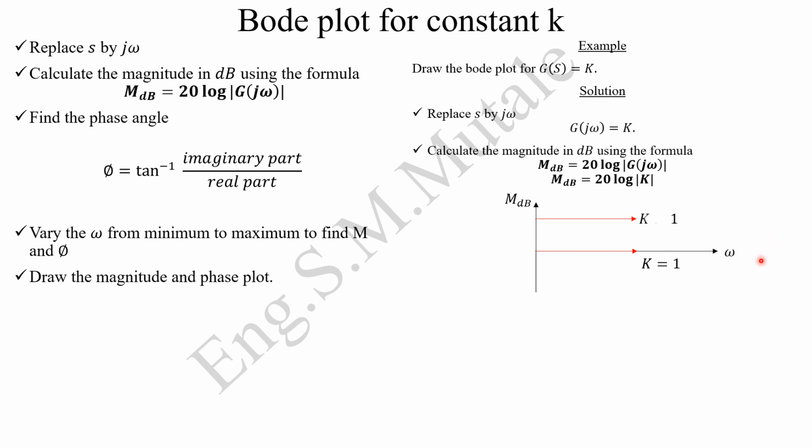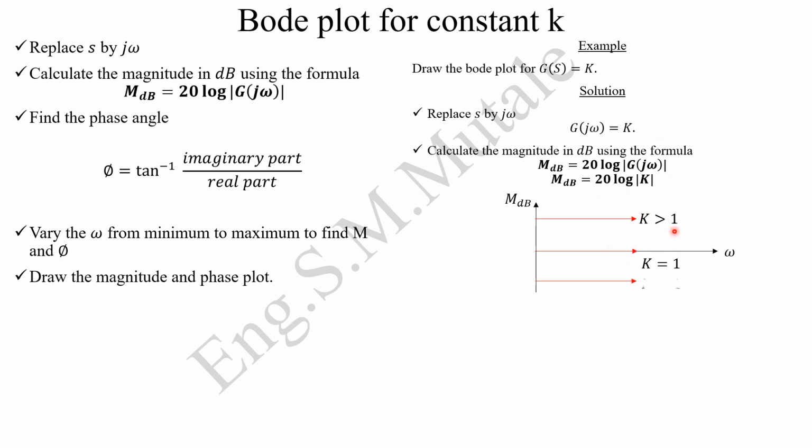If k is a value which is greater than 1, so for all the values which are greater than 1, your Bode plots will be above the horizontal axis. Let's say if this was G(s) is equal to 2, it would come out like that, 1, 2, 3, and so on, just somewhere above the horizontal axis at the given value. And there'll be times when k is less than 1.